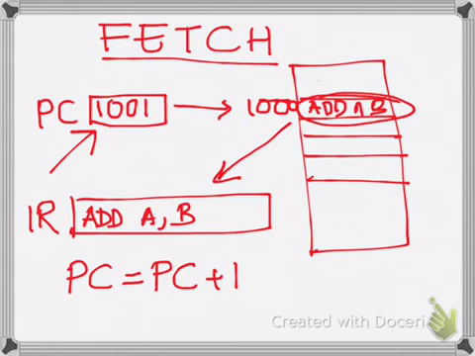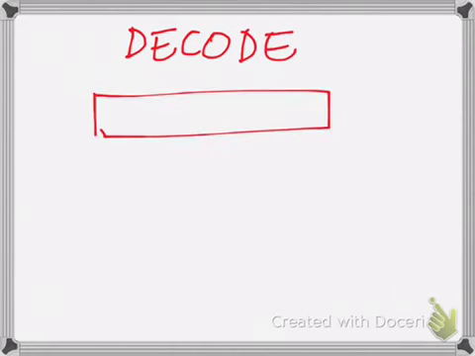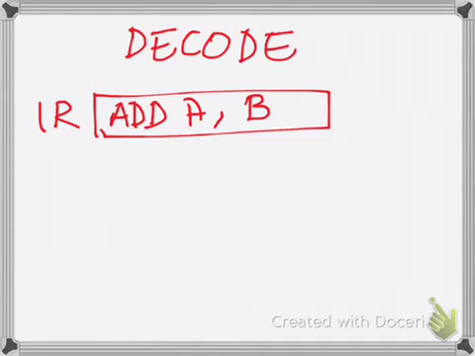At the end of the fetch cycle, you have the instruction to be executed loaded into the instruction register. The next is the decode phase. In the decode phase, you already have the instruction in your instruction register. It will not look like this; it will be all in zeros and ones.